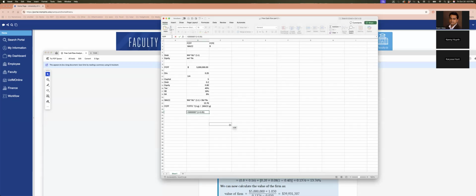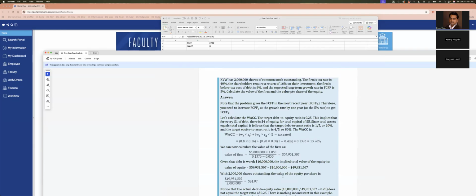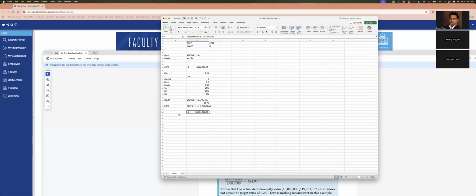So that divided by WACC minus G. WACC is 0.1376, right? 0.1376 minus 0.05. So that gives us close to $600 million. No, $60 million. Am I right? Yeah, they got $60 million.